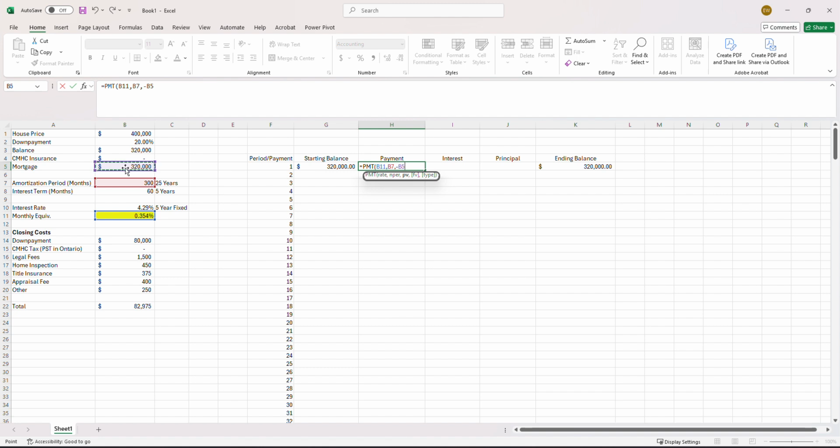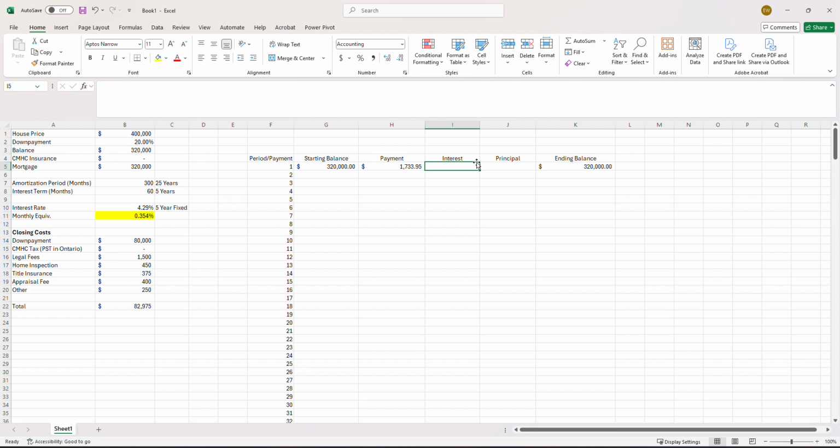It's going to be the starting balance of your mortgage. The future value is going to be 0 because you're assuming that after all of these payments are made, your balance is going to be 0, and you don't need to put anything for the last type. This will give you a mortgage payment of $1,733.95 every single month.